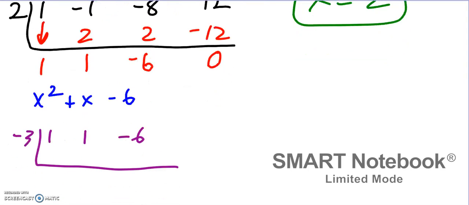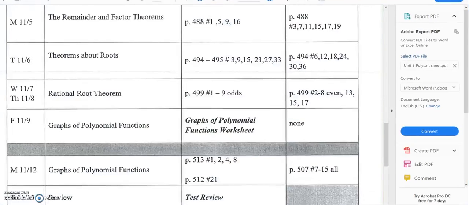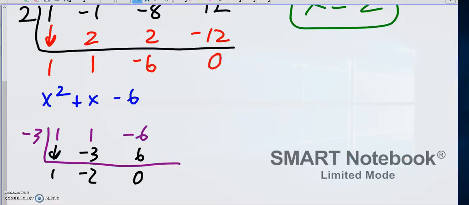And we maybe can already see, if we understand how this polynomial would factor, what this is going to do. So I'm going to bring down the 1. -3 times 1 is -3. 1 plus -3 is -2. -3 times -2 is 6. And that adds up to 0. Perfect.